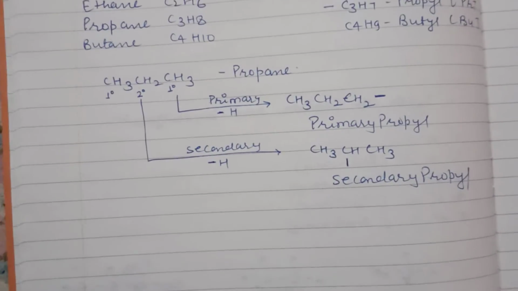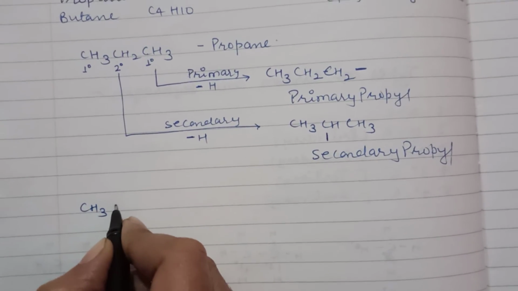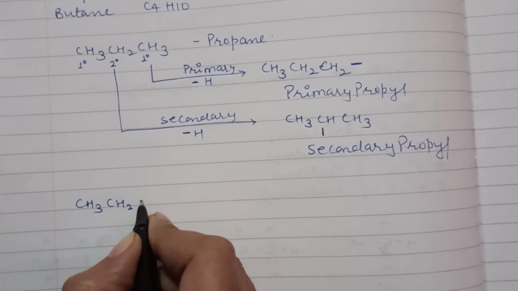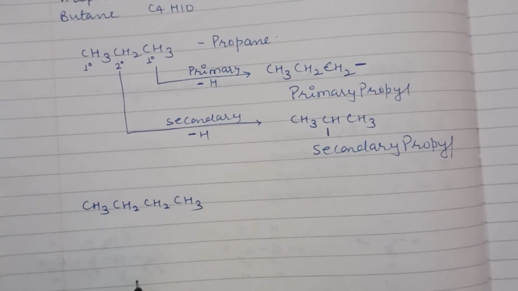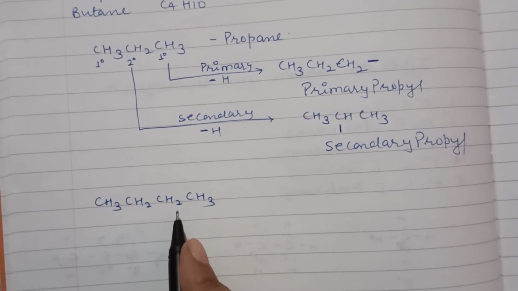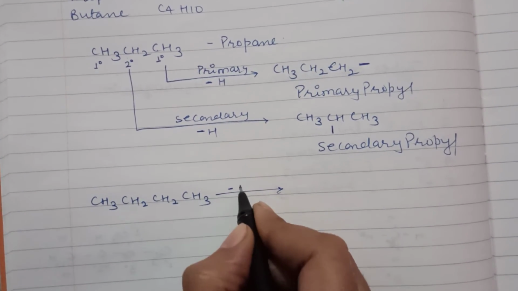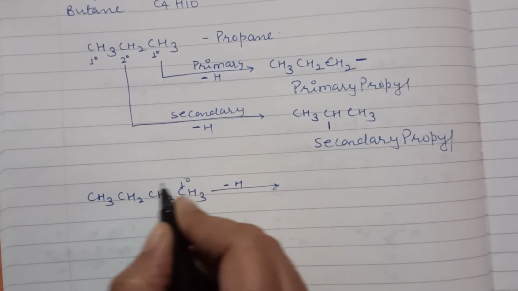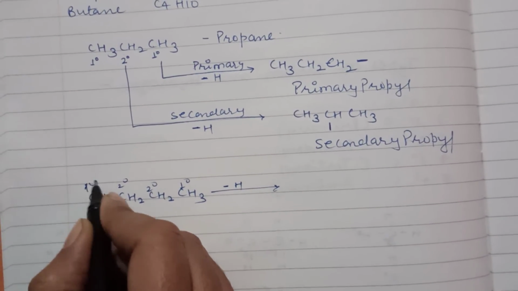Now let us talk about the butyl group. CH3, CH2, CH2, CH3. Here two types of carbon atom are present. If you remove a hydrogen atom from here, this carbon is 1 degree, 2 degree, 2 degree and 1 degree.